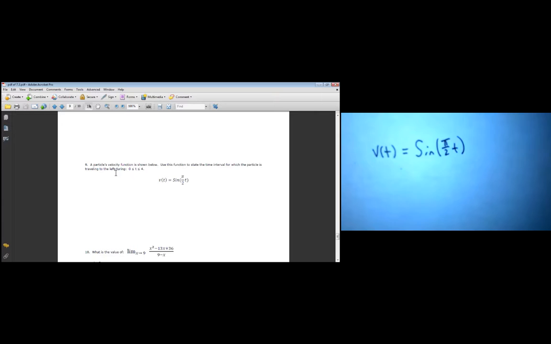So v of t is equal to sine pi over 2t. Okay, and it's from 0 to 4. From 0 to 4, those are your walls, 0 to 4. So use this and solve, see what you get.